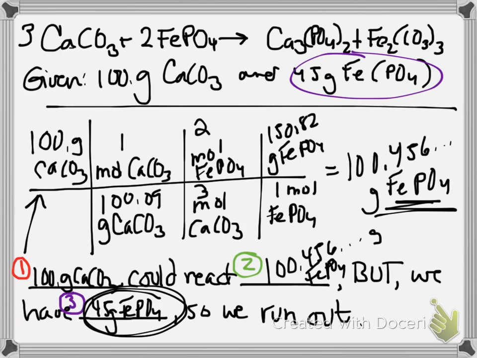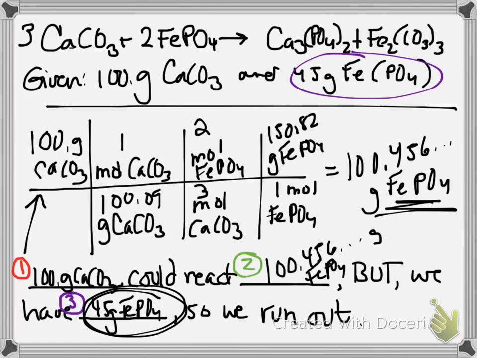Okay, well, awesome. We figured out which one was our limiting. What do we still need to do? We know which one is excess. If one's limiting, the other's excess. But what do we have to do with that? We want to find out how much of calcium carbonate is going to be left over when the reaction is done.